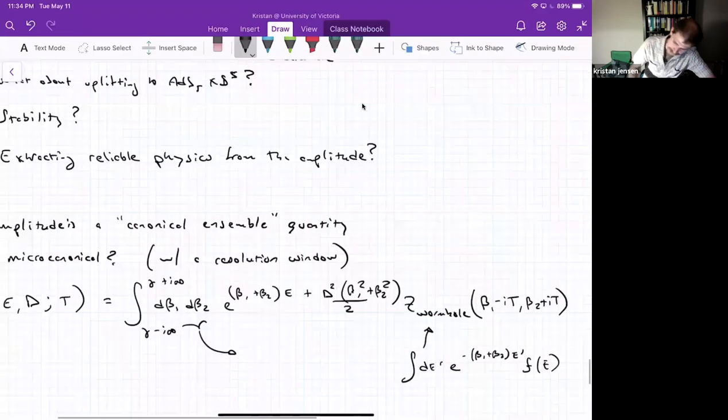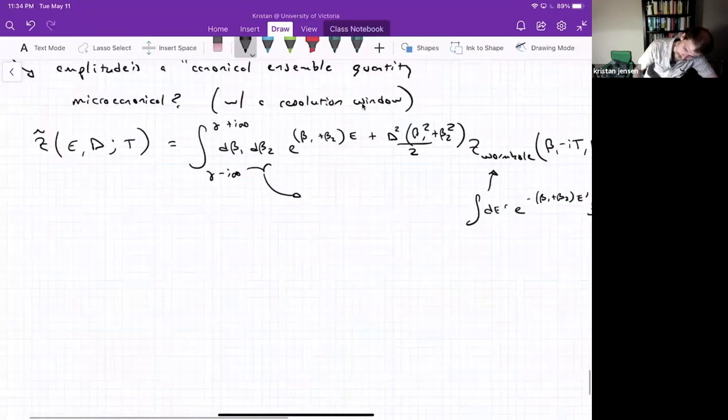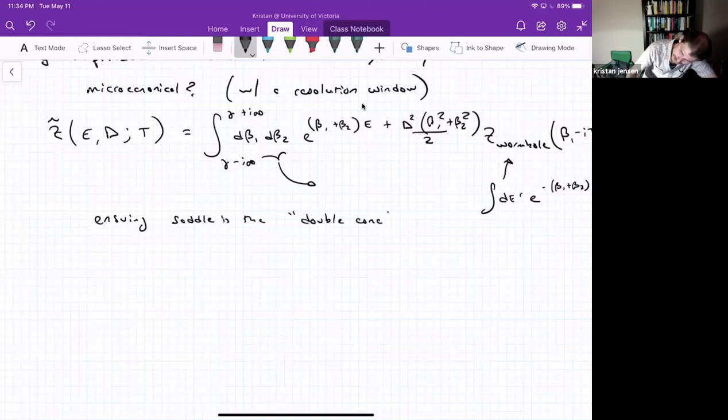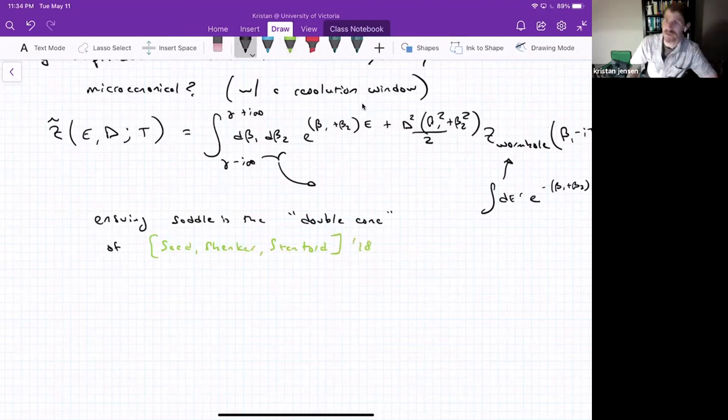The saddle point that you get, the ensuing saddle, is the double cone geometry of the first Saad, Shenker, Stanford paper from 2018. So this is a geometry that's a time-like orbifold of two-sided AdS Schwarzschild.